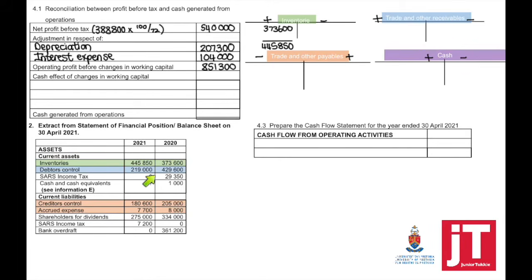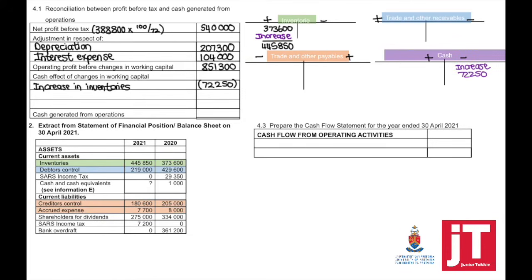Starting with our inventory. It's clear from last year to this year there was a decrease. Now, what does a decrease mean? What effect will that have on the cash flow statement? If you're not 100% sure, we can always do a T account. If you look at inventories, the balance at the end of last year, balance at the end of this year, there was an increase.